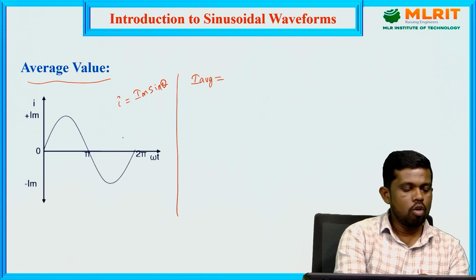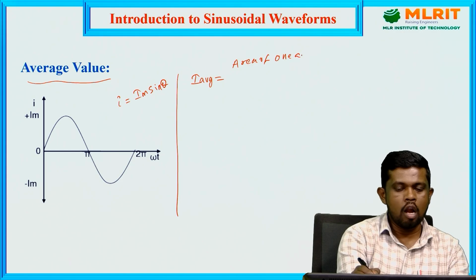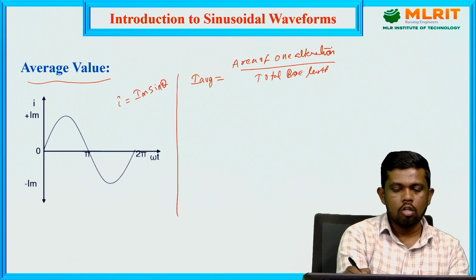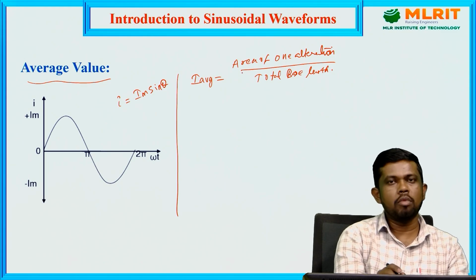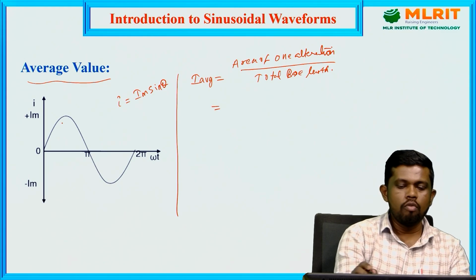To get the average value of this waveform, we need to consider the area of one alternation to the total base length. That gives the average value of any signal, either voltage or current. Here we can consider only one alternation because it's a symmetrical wave.